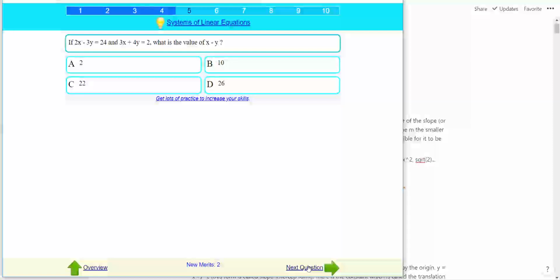I'm eliminating the x. It really doesn't matter. So we have 6x minus 9y, which equals 24 multiplied by 3, that's 72, right? And for the second equation, we have 6x plus 8y equals 4.